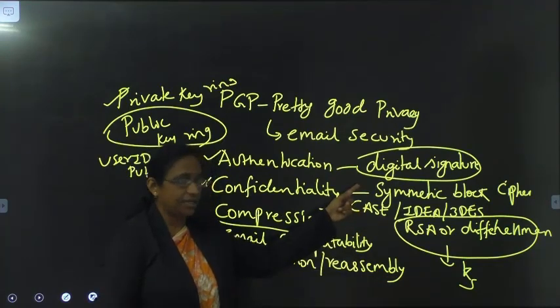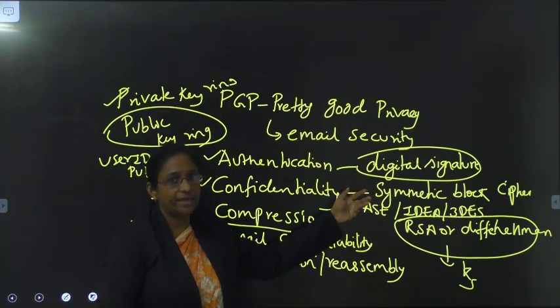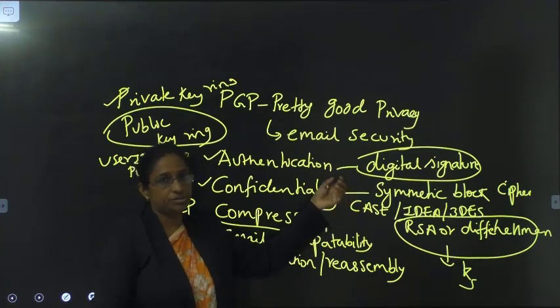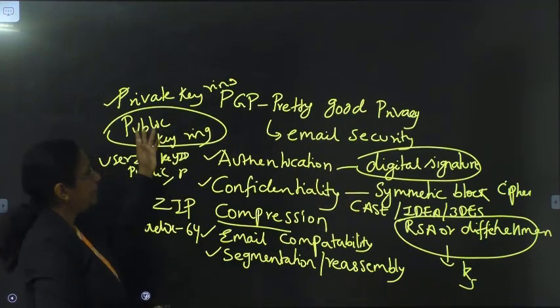Similarly, while encrypting the hash value in the digital signature, or the authentication process, you require the private key, which you can get from the private key ring table.